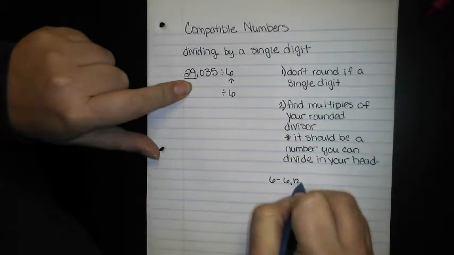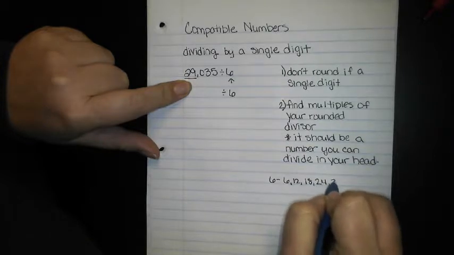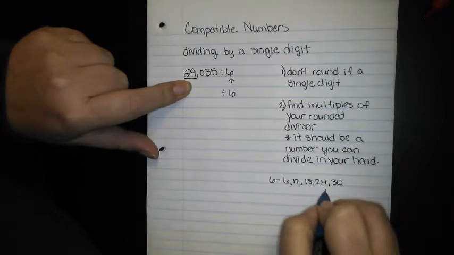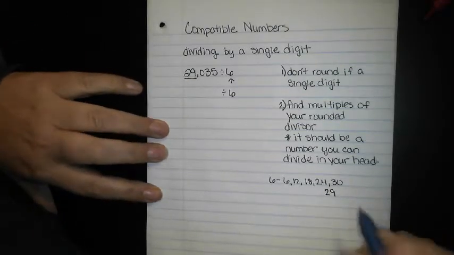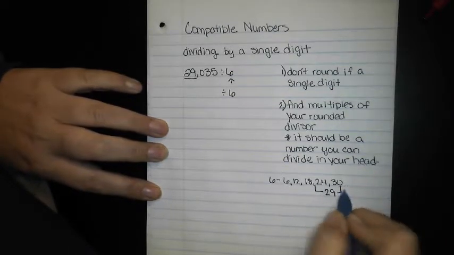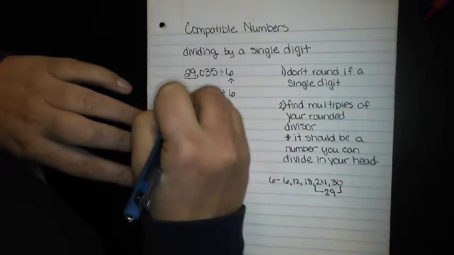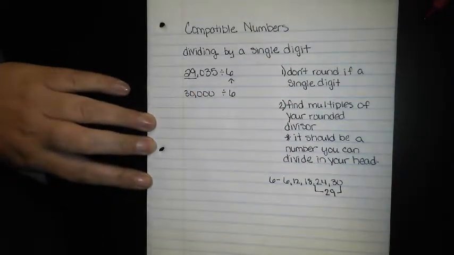6, 12, 18, 24, 30. So 29 falls between 24 and 30. So there's really no need for us to go any further. Is it closer to 24 or is it closer to 30? I think it's closer to 30, so we're going to round 29,035 to 30,000.